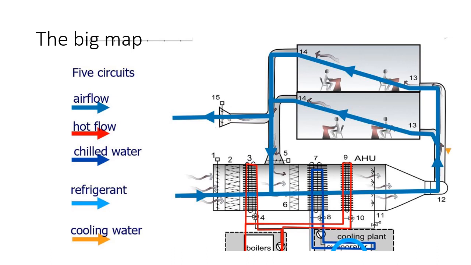Now let's move on to the big map. Looking at the dark blue airflow, it starts from the outdoor, coming through this preheater, as we call it. The air after heating joins together with the return air from the room and goes into the second coil. This is a cooling coil, and we need to imagine 2 scenarios. If it is summer, this heater will be turned off.